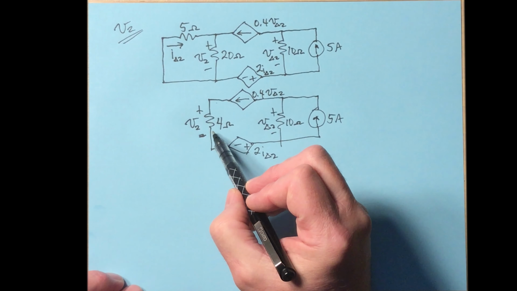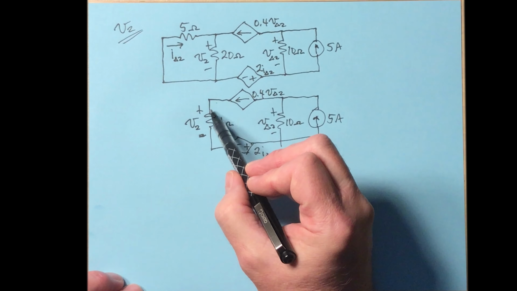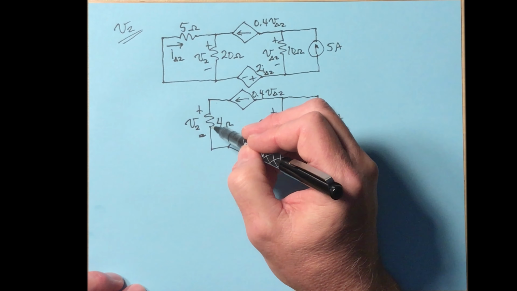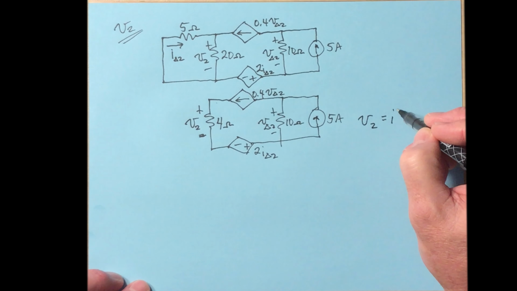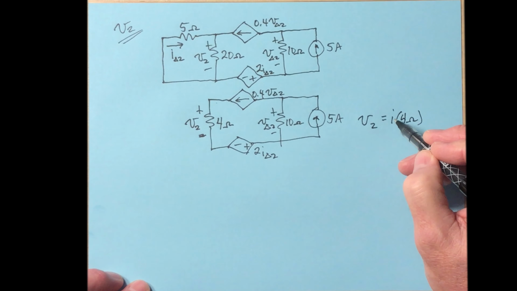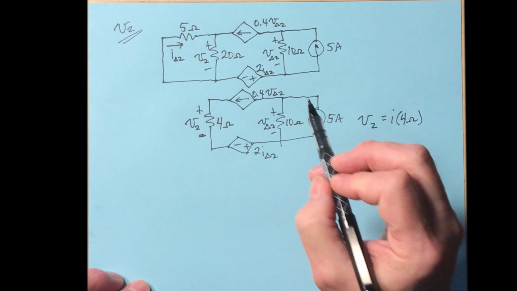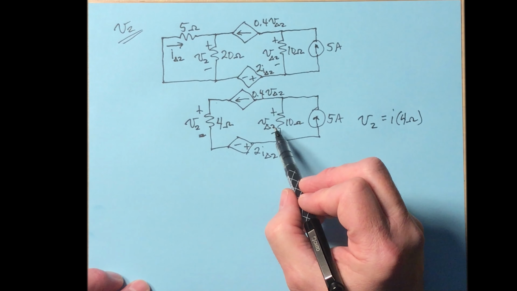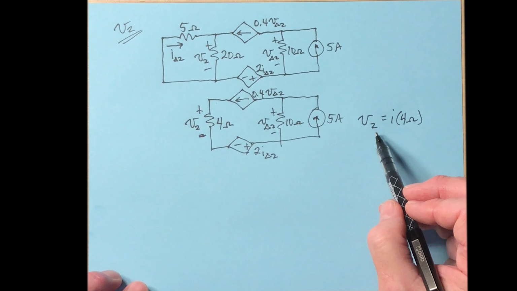We know the current through this is going to be 0.4 V delta 2. If I can get the current through that, then I can write the equation that V2 is I times 4 ohms, and that I is 0.4 V delta 2, so really I need V delta 2 in order to get the current so that I can get V2 now.